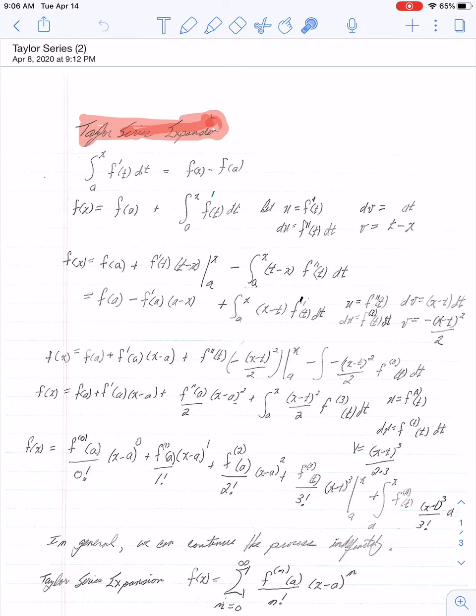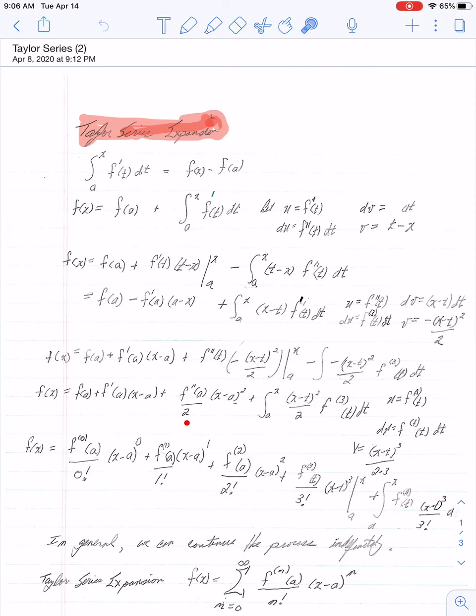What I get is, and now I've just rewritten things in a kind of clever fashion so that you can see the pattern. What's f of a? Well, f of a is f upper 0 of a. Remember, no derivative. I can write that as f upper 0 of a over 0 factorial. Now there's nothing else in this term, but I could write it as (x minus a) to the 0, because that's 1. And then this is f upper 1 of a, (x minus a) to the 1 over 1 factorial.